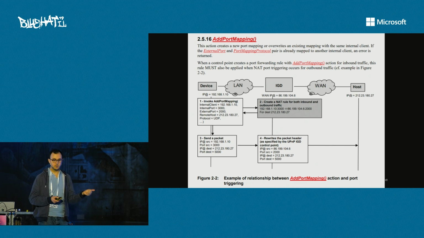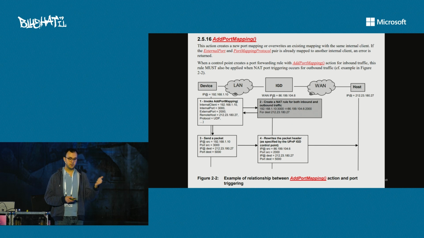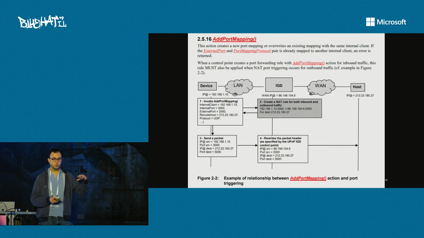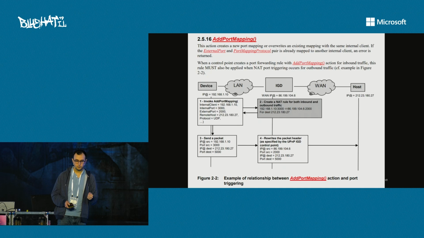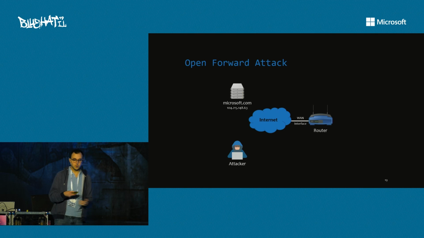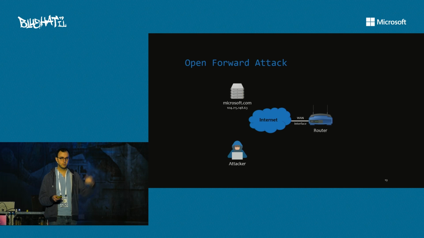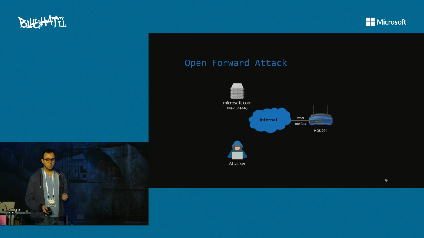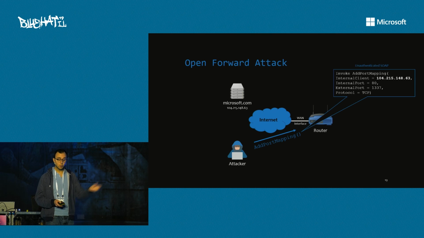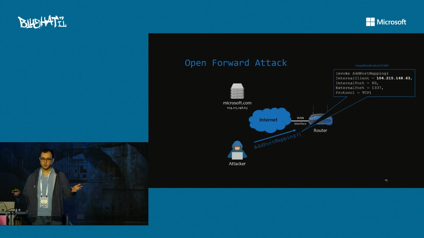This function takes at least 4 parameters. The protocol requested, so TCP or UDP, then the internal client, where you ask the router where it should redirect the traffic to, so IP address and port, and then the external port being opened on the WAN interface of the router. So this is where the fun begins, of course, because we can abuse this function, and you can even call it from the internet. Normally, you will provide your private IP address in the internal client parameter, but you can actually change it to anything, right?